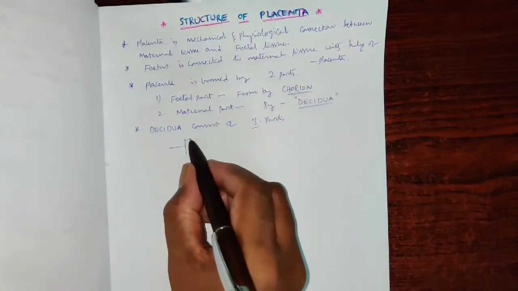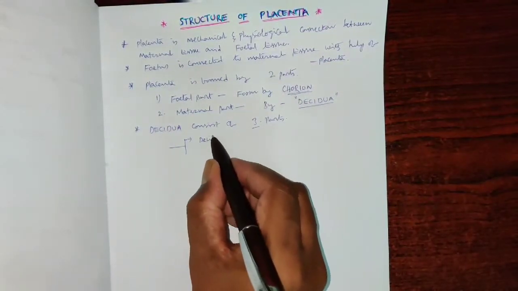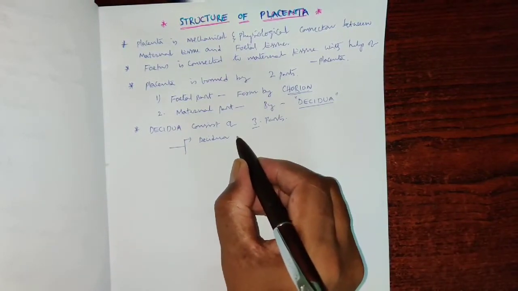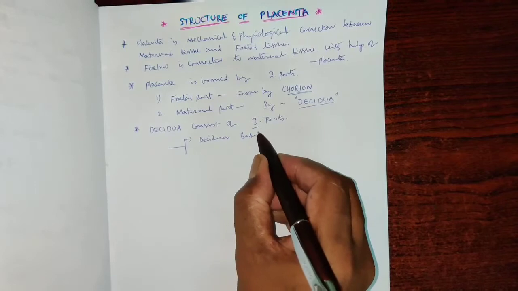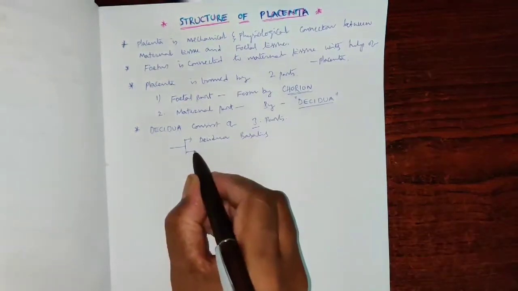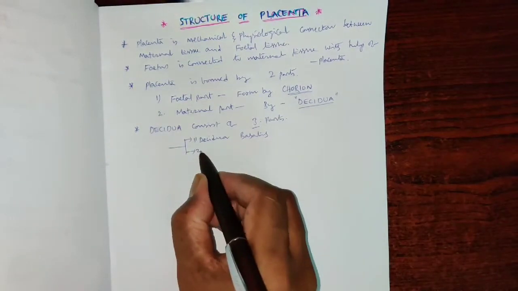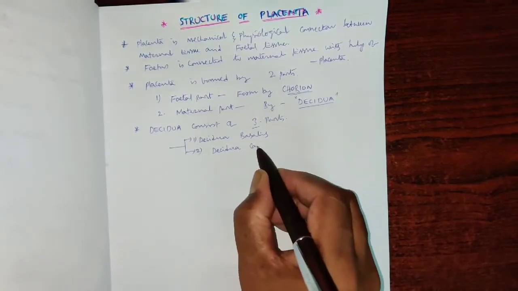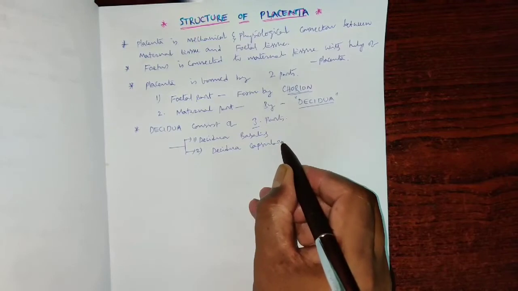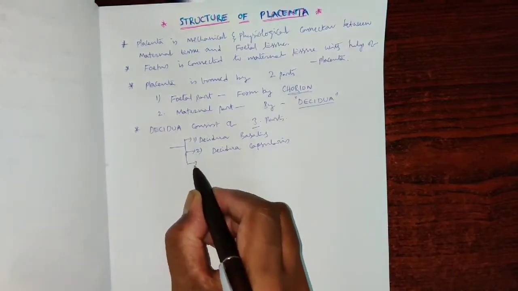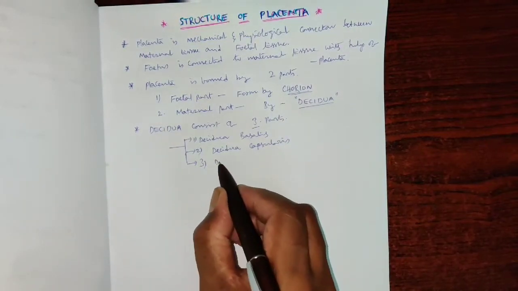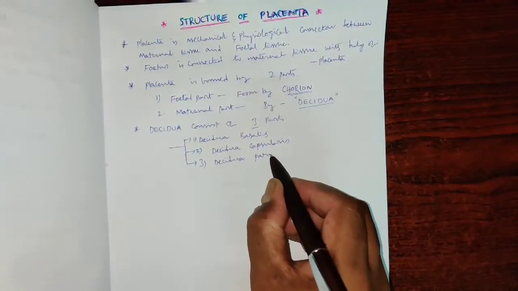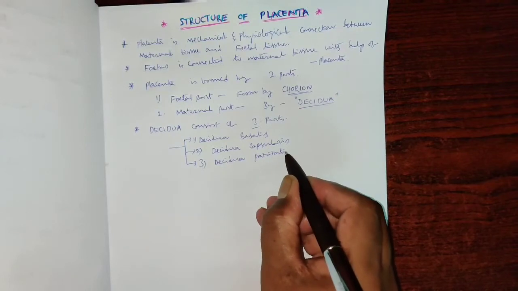They are decidua basalis, decidua capsularis, decidua parietalis.